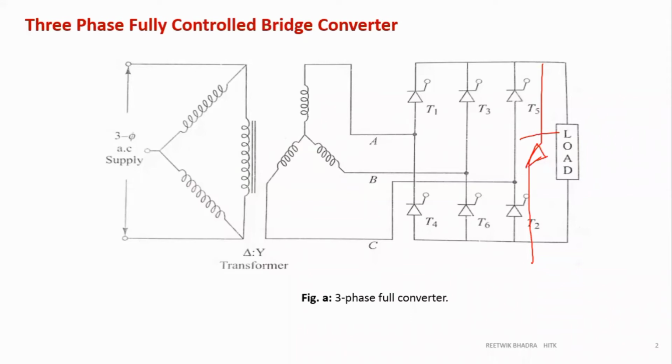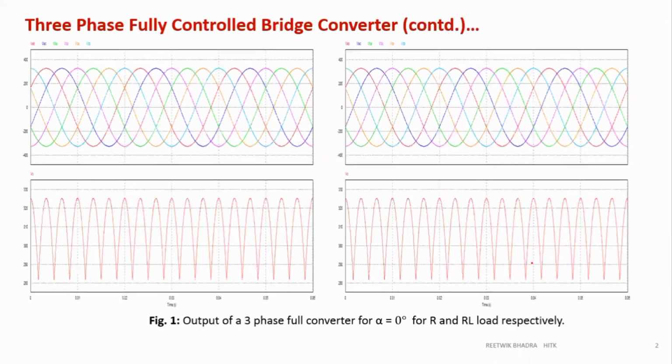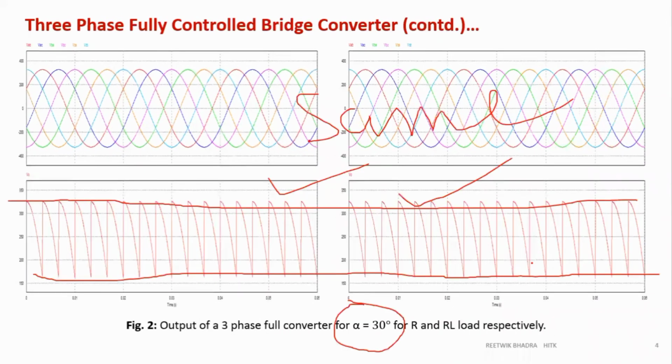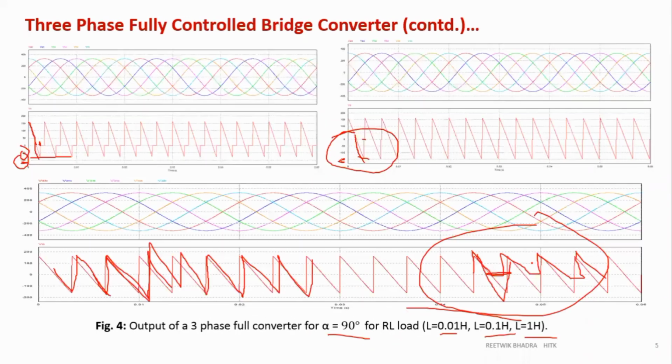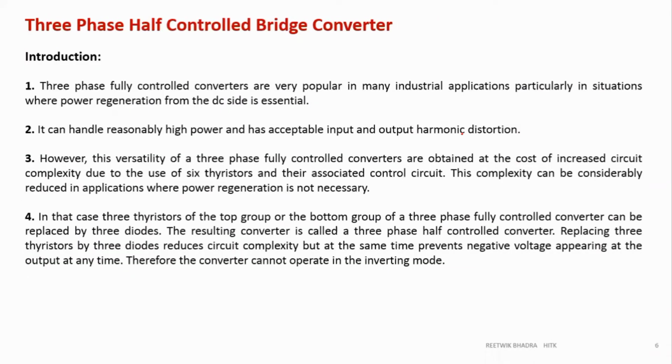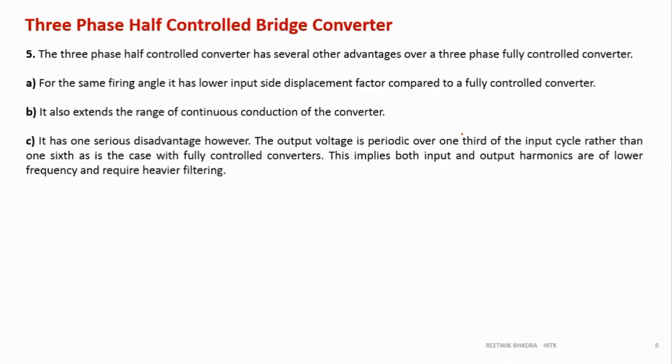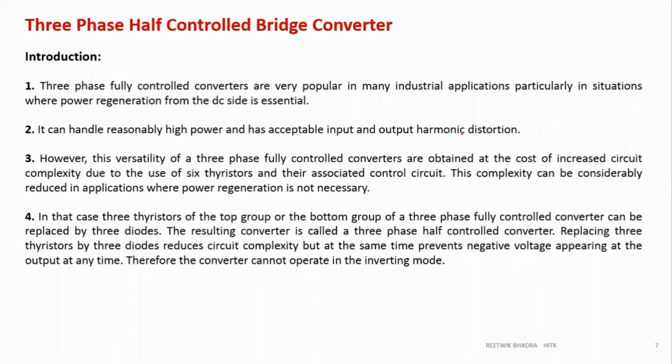Instead of using a fully controlled bridge converter for RL load, because you are seeing that there are negative portions over here, what we will do is use a semi-converter or a half-controlled bridge rectifier. That is today's discussion. Very easy discussion, we'll just go through it very quickly. Nothing to worry about, just very simple, because you have understood the full converter. You could have easily understood the semi-converter in previous classes.